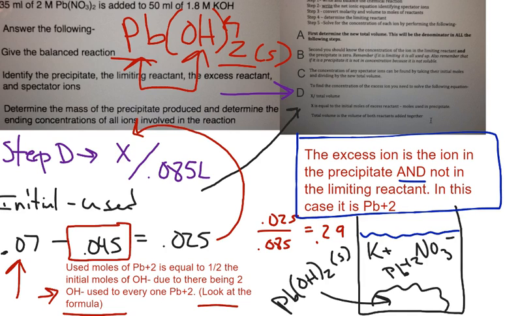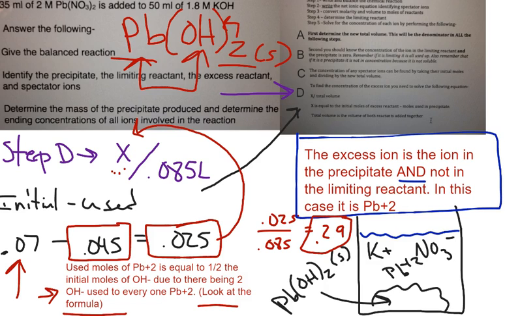Okay, if you need to pause or rewind and replay, make sure you do that, because it's an important concept. All right, I take those two numbers, I get 0.025, and that number is my X, as it's pointing to up here. I now take that divided by the new volume, and I get 0.29 is my new concentration of Pb plus 2.